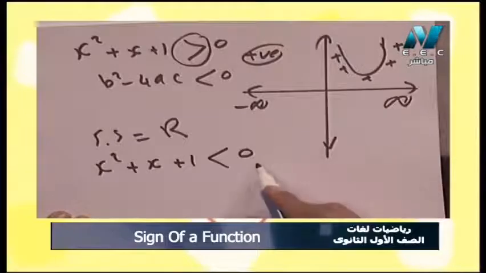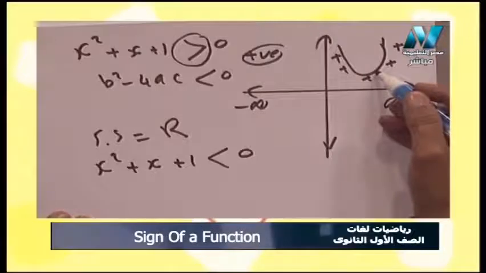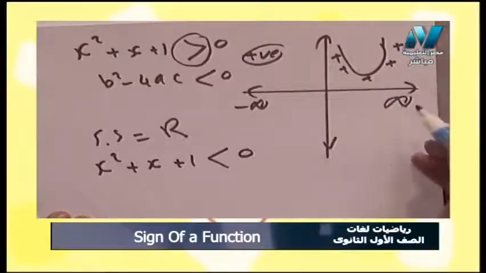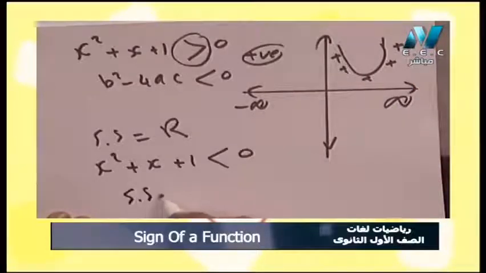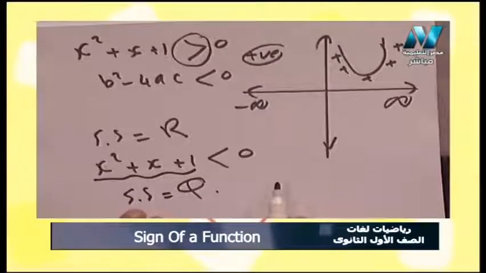We search for the negative part here. Where is negative in this function? No parts, no points. So the solution set here will be phi, because this function doesn't equal a negative number at all.